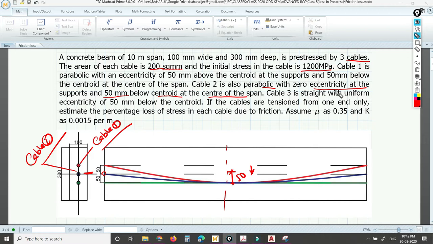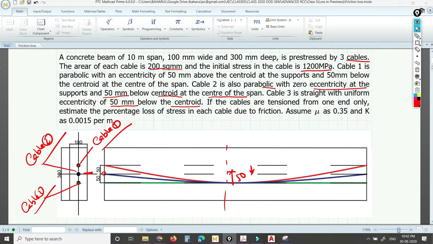And cable 3 is straight with a uniform eccentricity of 50 mm below the centroid. This is cable 3, the green line, a straight line with an eccentricity of 50 mm all along the length.